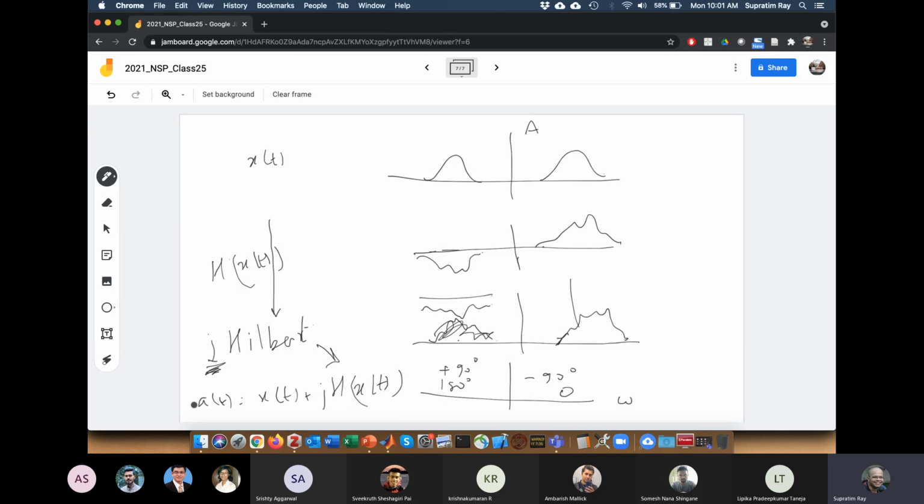Which is why when I computed z this way, the real part was exactly the original x, and the imaginary part was a shifted version of this. This is the Hilbert transform that we got in the imaginary part. Okay, so that's how the Hilbert transform works.